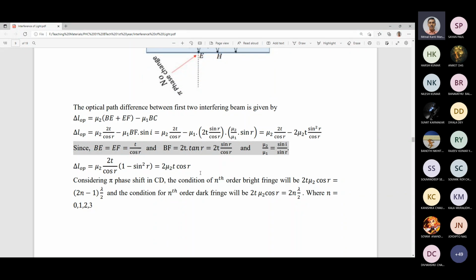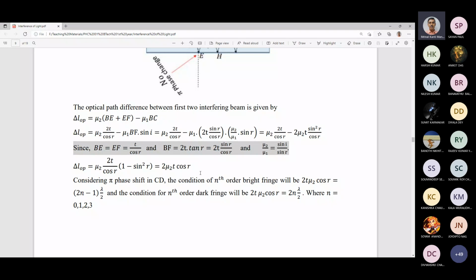So when we consider a glass plate, then the path difference between the first two reflected beams is twice mu t cos r, where r is the angle of refraction and mu2 is the refractive index of the second material, right?